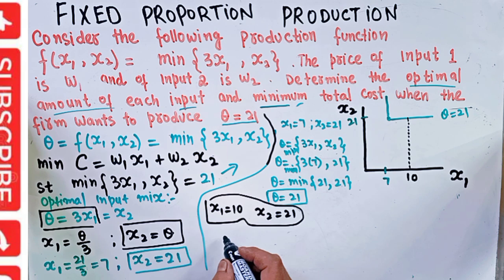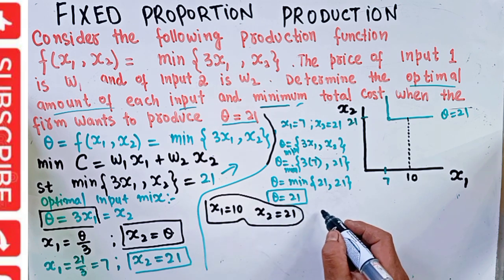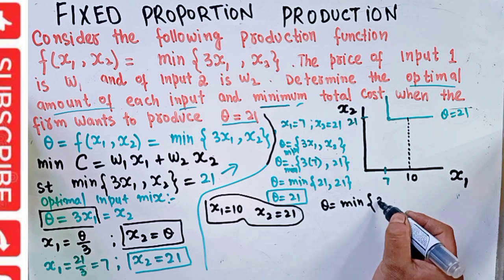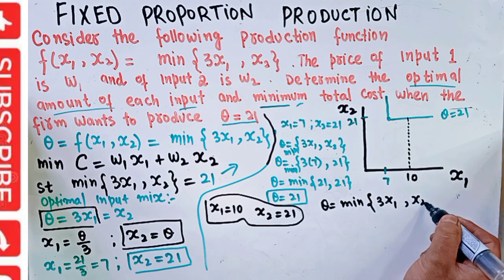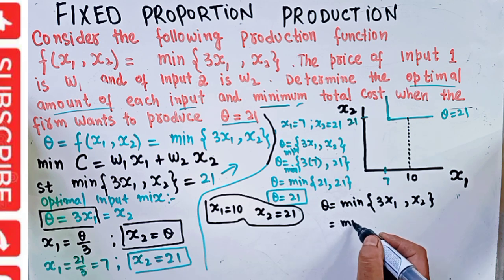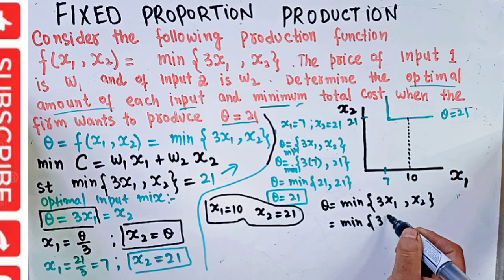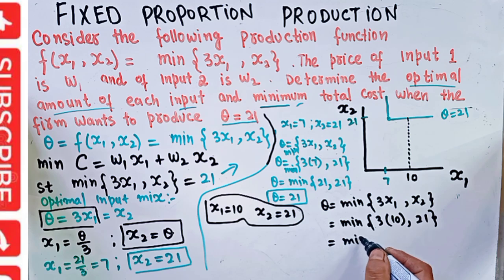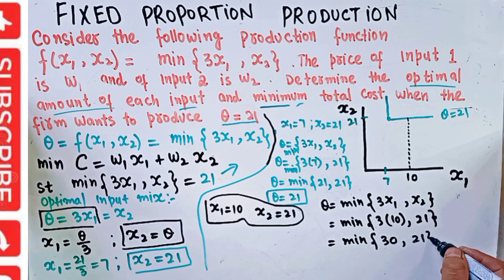Plugging them into the production function, q will be equal to the minimum of 3x1 comma x2, which is the minimum of 30 comma 21, and the minimum of these two numbers is again 21.